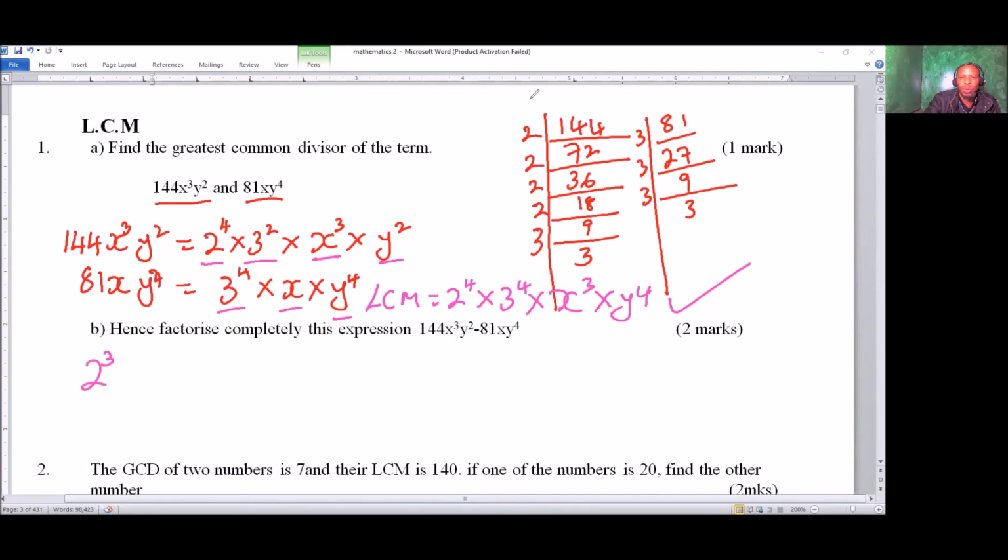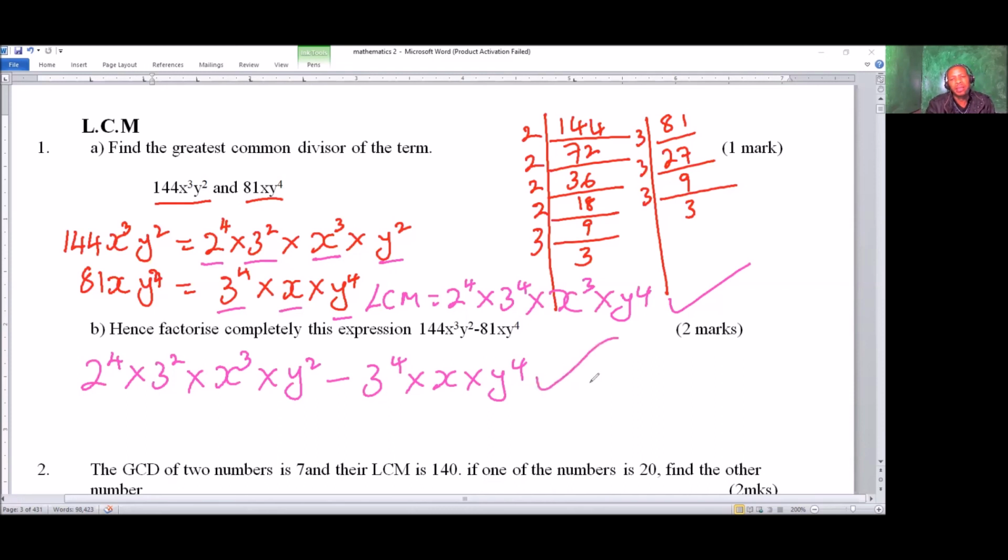That is 2 to power 4 multiplied by 3 to power 2, then you multiply by x to power 3 multiplied by y squared, minus 3 to power 4 multiplied by x multiplied by y to power 4, and you are told to factorize. So how do we do that? So we can continue like that and factorize.